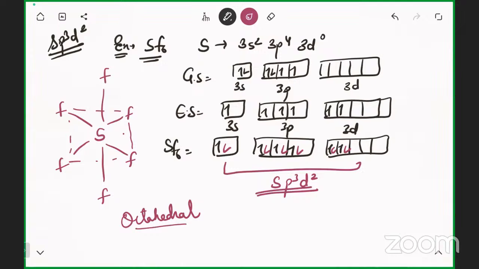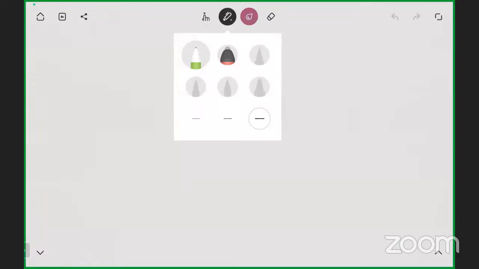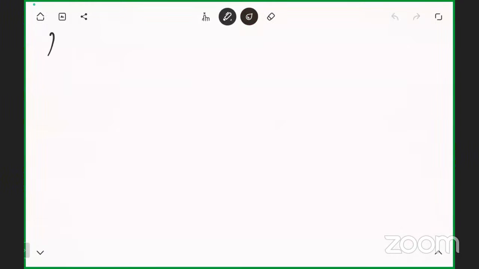Okay. Next type is sp3d3. I'm taking the example of IF7. Configuration of iodine in the last shell is 5s2, 5p5. You can go for the total configuration according to the atomic number.